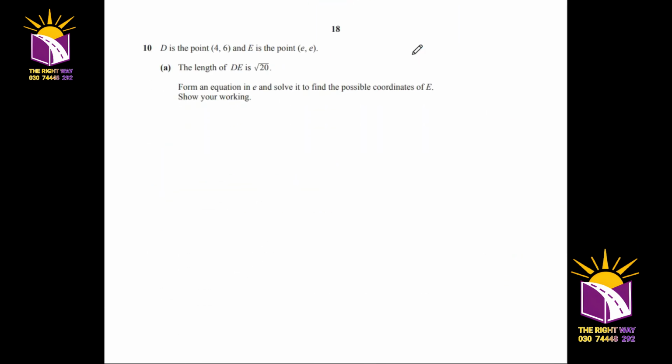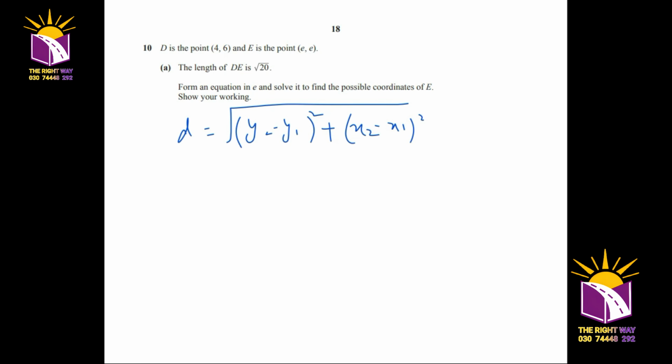Part D. D is the point (4, 6) and E is the point (e, e). The length of DE is under root 20. Form an equation in e and solve it to find the possible coordinates of E. Now, we know that the formula for the distance is equal to square root of y2 minus y1 squared plus x2 minus x1 squared.